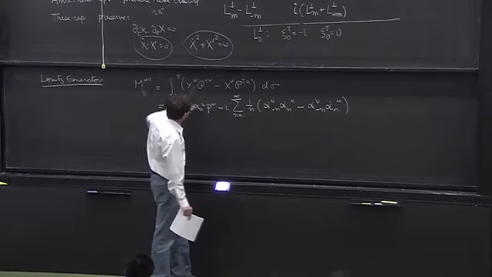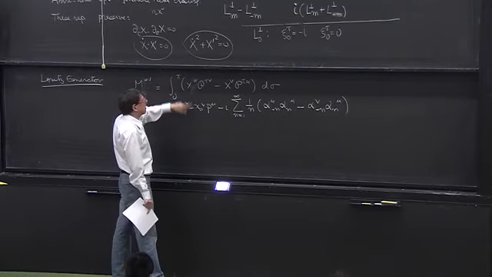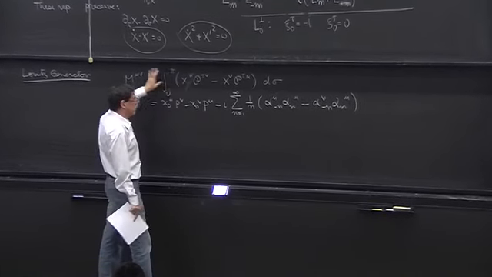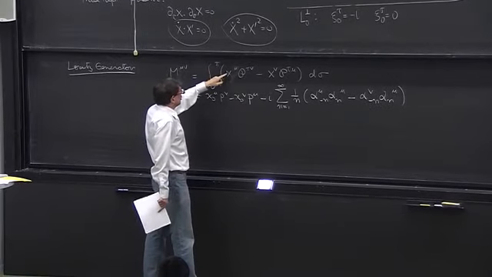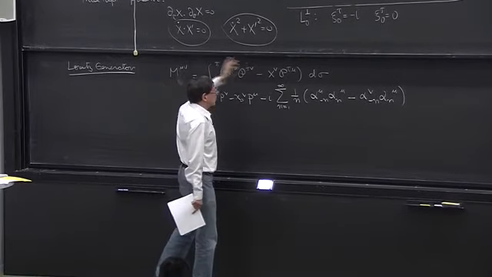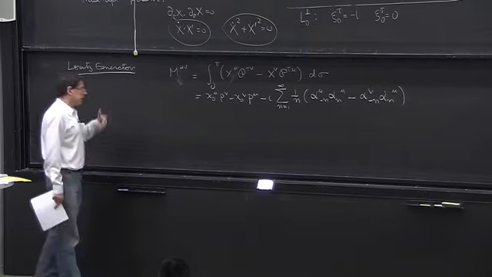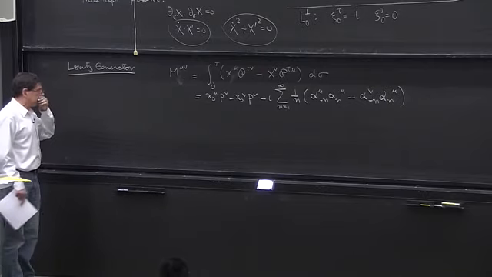Like many of the formulas that I write, this takes about 5 minutes to derive, so we can't do it here, but you have the oscillator expansions of the x's and the p's, you multiply and you do it.